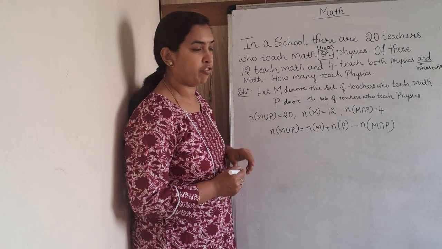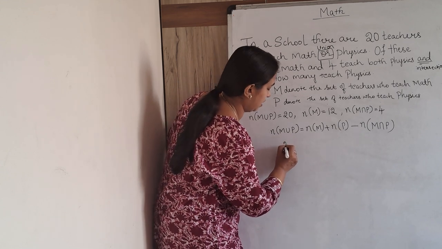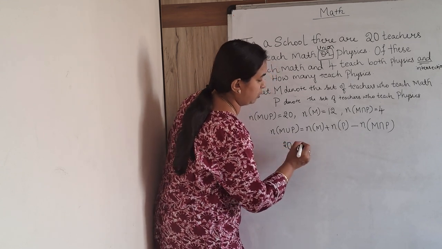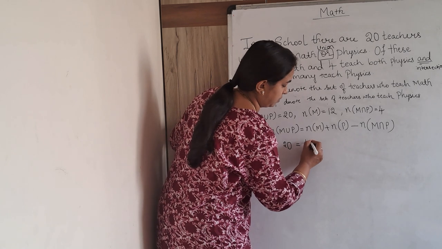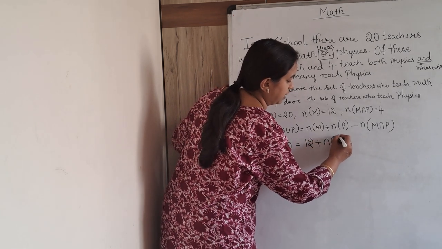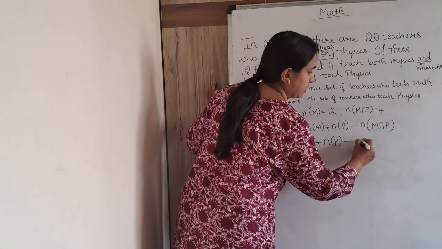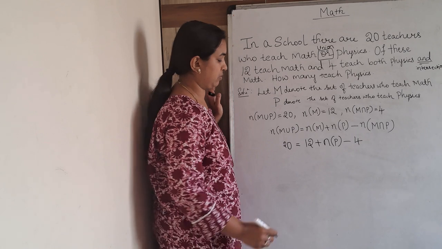Here I know the value of n of M union P, that is 20, which is equal to the number of teachers who teach math, which is 12. You need to find out the number of teachers who teach physics, and you know the value of n of M intersection P, that is 4.